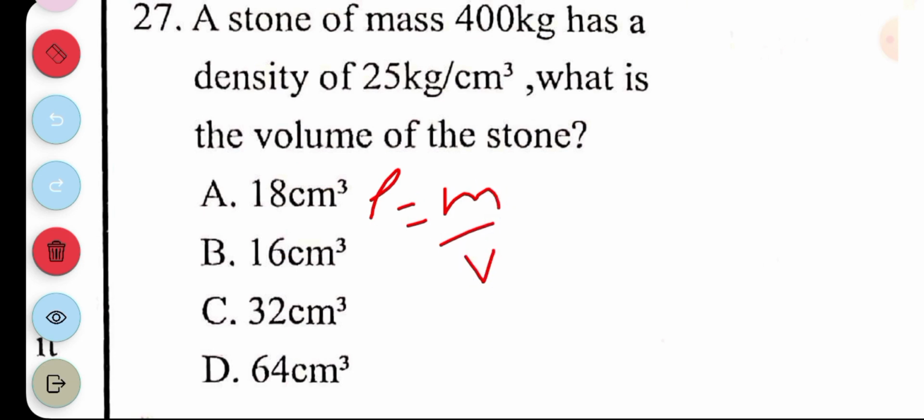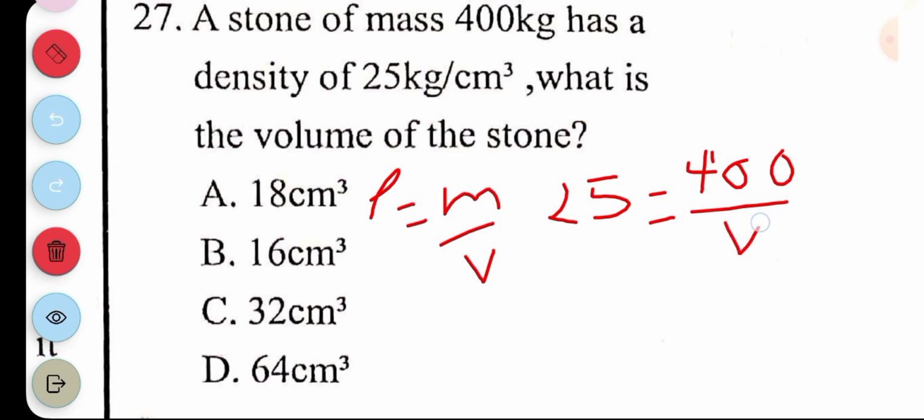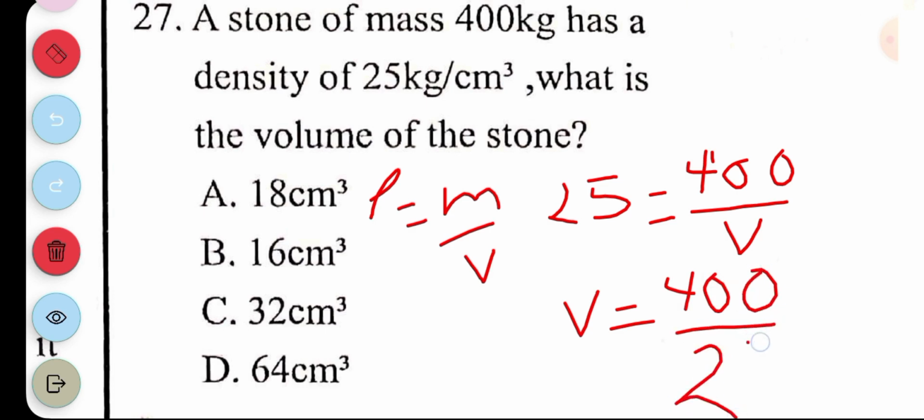Your density is 25 equals your mass, 400, over V. So your volume now becomes 400 over 25. So when you do your mathematics for question 27, you are going to have your answer to be 16. So the answer is B.